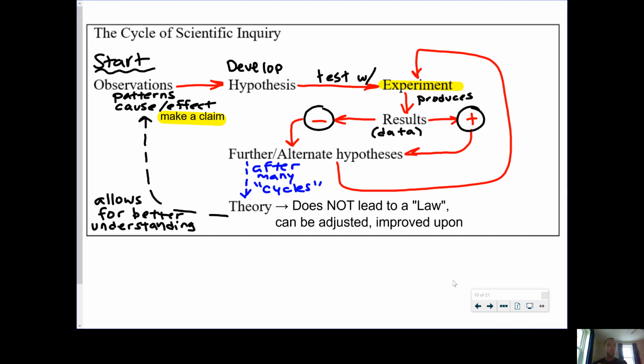So if I can give you the example of evolution, when you see things like the pattern of bones in the arm of a human and a chicken and a whale having the similar pattern of one bone in the upper arm, two bones in the lower arm, and then tiny bones in what would be the wrist, and then other things coming out from there, you can say, oh, there's a pattern that I'm seeing there. And the theory of evolution helps you to understand that. Why was that pattern there?